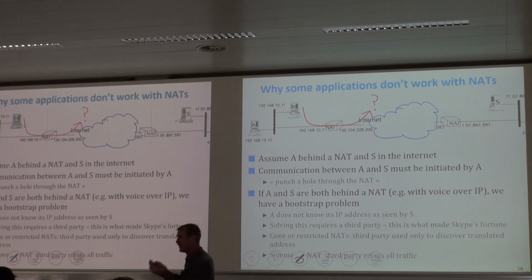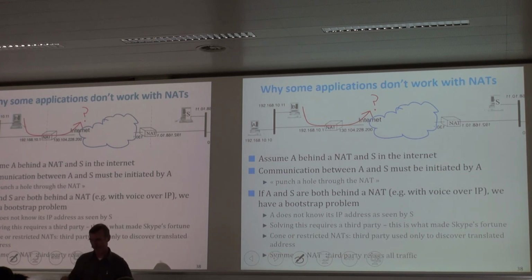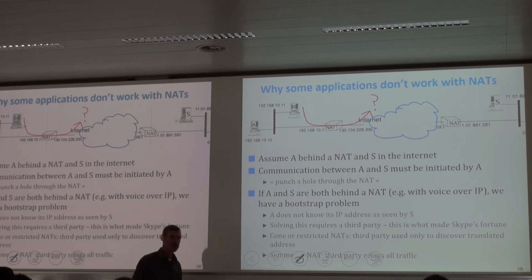So it needs some intermediate box in the internet. This is what made the fortune of Skype. Before Skype, you had to punch holes in your NATs to do IP telephony. So only a few people were able to do it. Otherwise, you need a third party to do it.